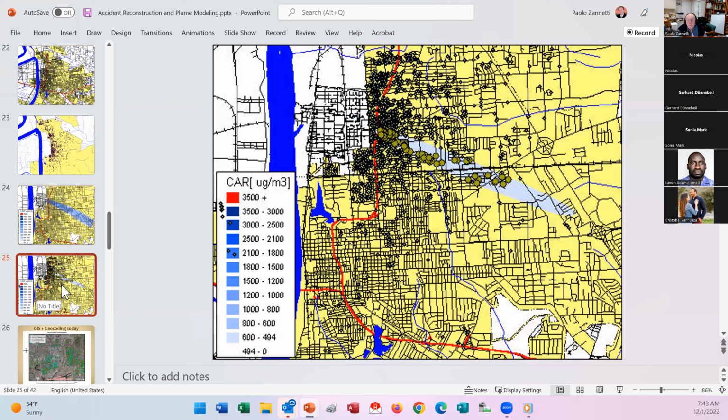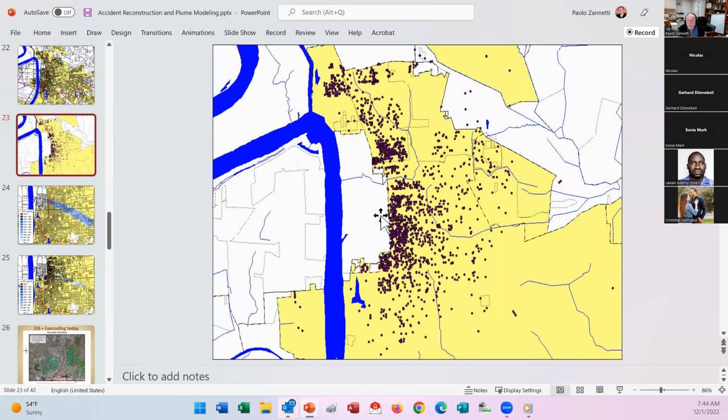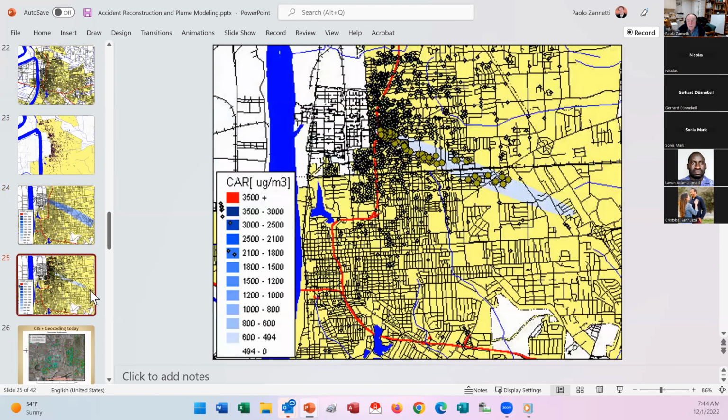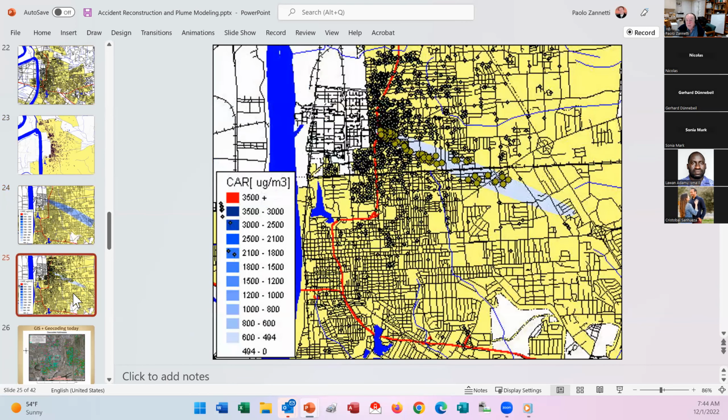That's another thing very good about GIS. Once you have the 5,000 points of the people complaining, and once you have the plume, you can ask GIS, please highlight the dots that are inside the plume. And the GIS does it for you. See, these are the people that are exactly inside the plume.